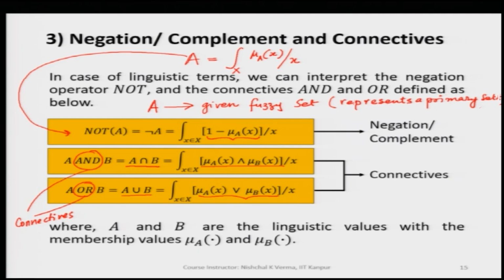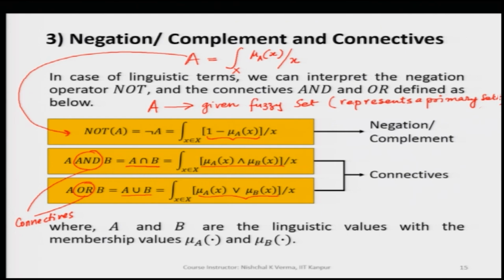These connectives are very interesting, and negation also. Negation and connectives are the basic ones shown here, but since we have already seen in the previous lectures that there are multiple kinds of negations and connectives, for connectives we could use various kinds of T norms and S norms as and when required.